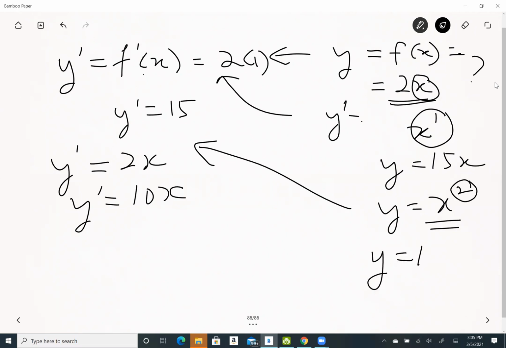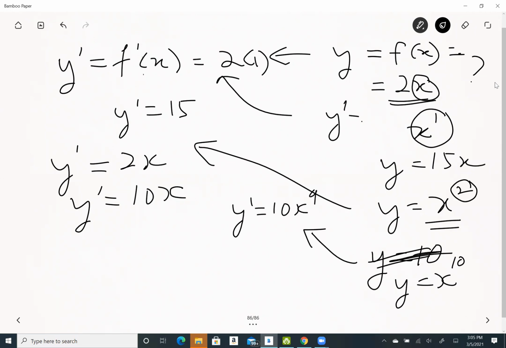Now, if I have x to the power of 10, if I differentiate, what do we get? Do we get 10x? 10x to the power of 9. You got y prime equal to 10x to the power of 9, which is wrong.